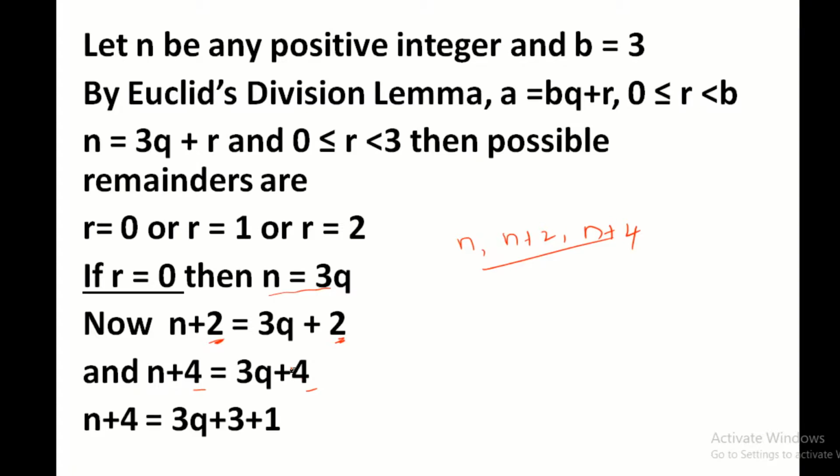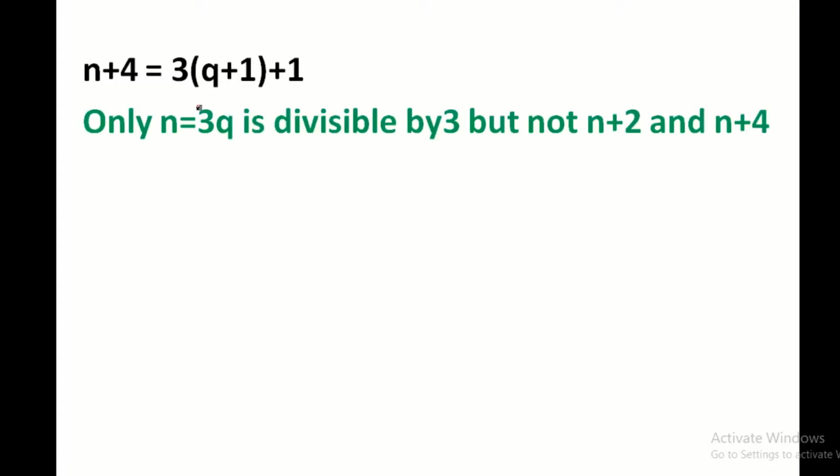So we can rewrite this one. We can rewrite this 4 as 3 plus 1. So after taking 3 as common from those two terms, n plus 4 is equal to 3q plus 1 and this 1 is left over. So very clearly we can say that here we have a remainder.